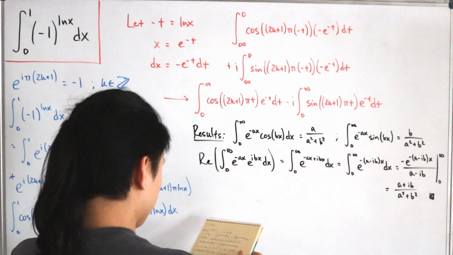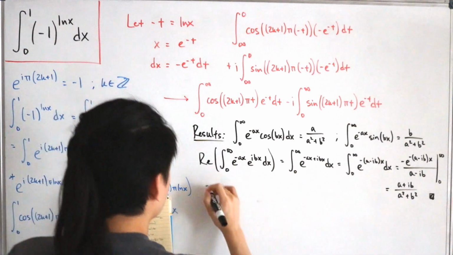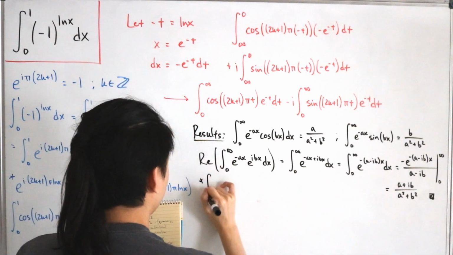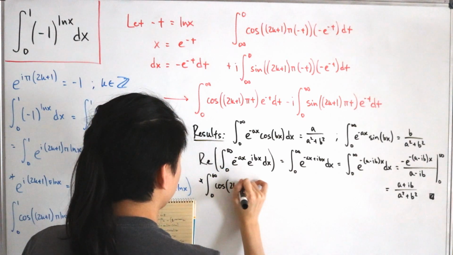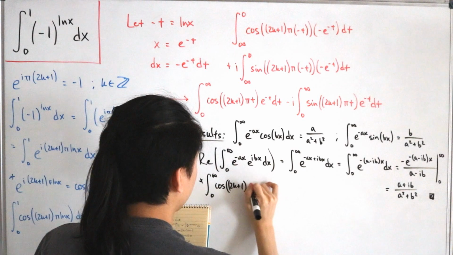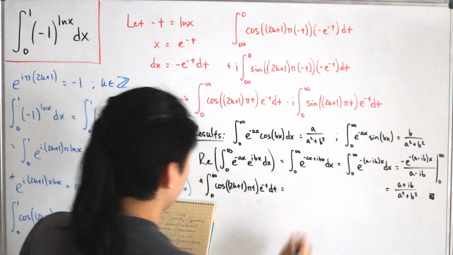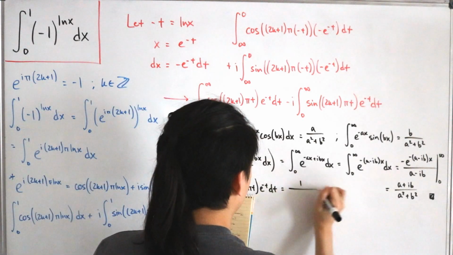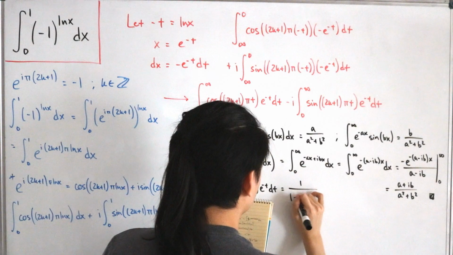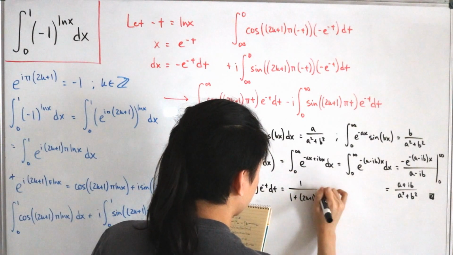Now using these results, we can substitute those inputs. Our first integral, from 0 to infinity of cosine of (2k plus 1) times pi times t, then e to the negative t dt. If you put in the right inputs, this is going to equal 1 divided by 1 plus (2k plus 1) quantity squared, multiplied by pi squared.